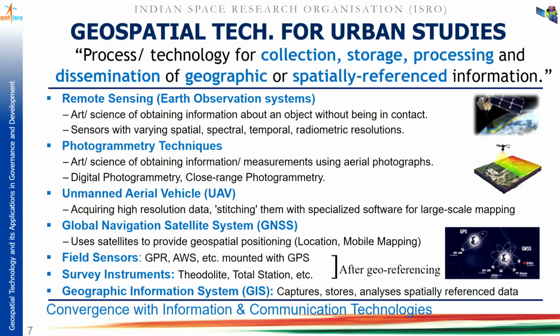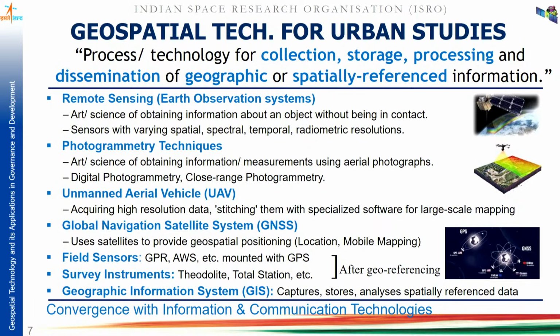So you see, in urban planning we are not only using satellite imageries, we are using data sets from drones, and then we are using GNSS data sets. Using these data sets, we are using photogrammetric techniques to extract the DSM or the DEM from these imageries, which can be used for cut and fill operations. Sometimes we are also augmenting this remote sensing data with field-based sensors, like the GPR, which is used for mapping of underground infrastructure facilities, and the automatic weather stations.